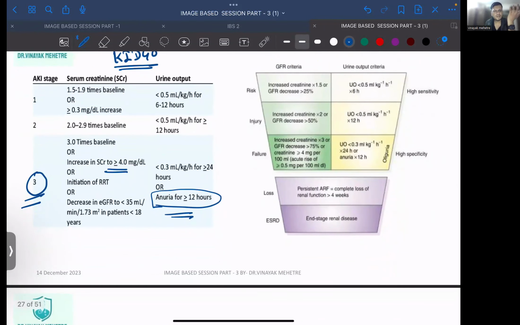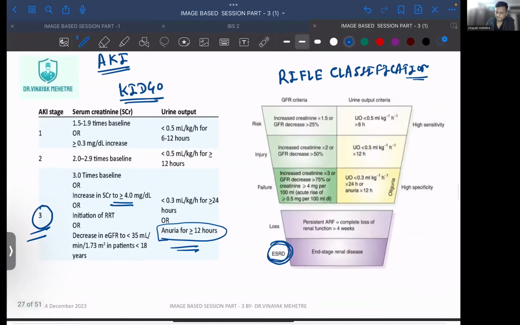Some of you might have seen a patient of kidney failure. It is written as ESRD, end stage renal disease. Where is that coming from? It is coming from the RIFLE classification.